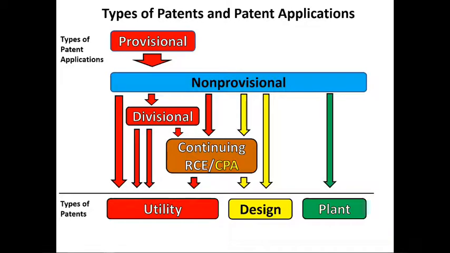So design and utility patent applications can be continued after that first round, and hopefully with that continuing application you can then get your stuff issued as a patent. Note there's no continuing application for plant patents, so hopefully you know what you're doing if you do a plant application. You get it done the first time.